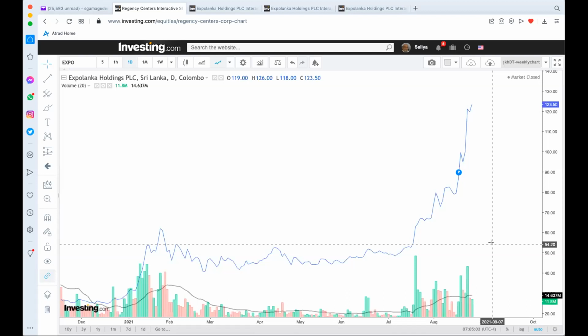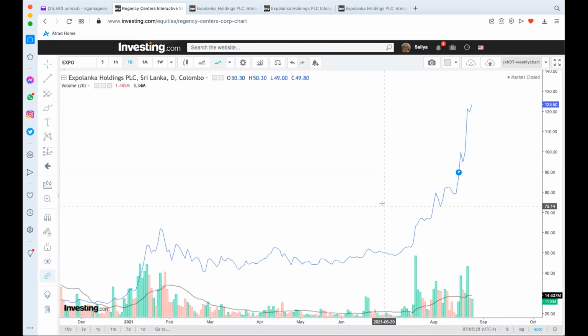For example, the reason I have taken the line chart is mainly because when we first study the patterns, it is important to figure out the patterns using the line chart because it's easy.